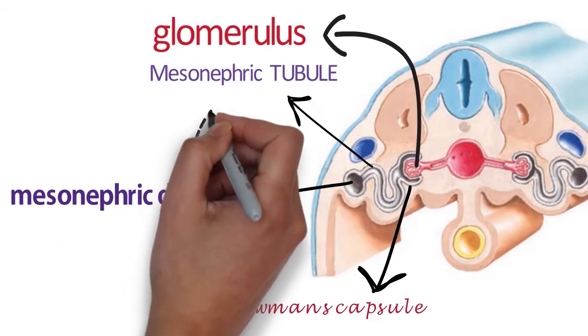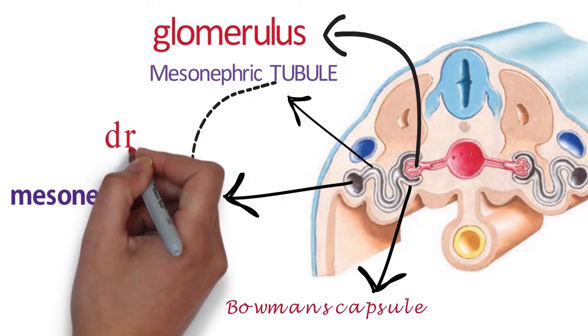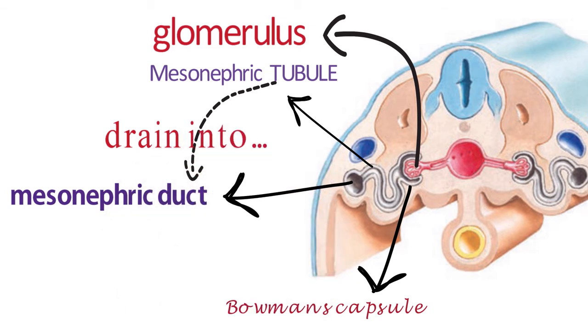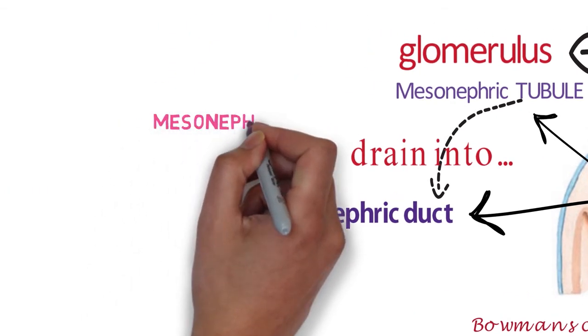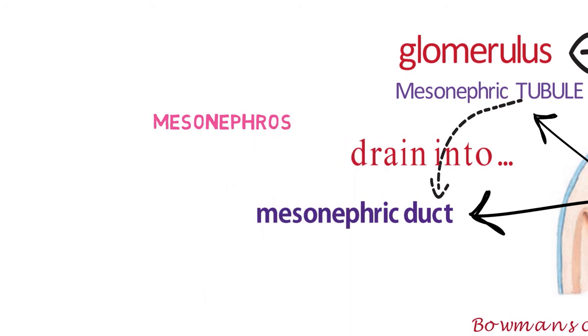The mesonephric tubule drains into the mesonephric duct. All these structures, mesonephric tubule, mesonephric duct, glomerulus and Bowman capsule, together form a mesonephros, which functions as an interim kidney from about the 4th week to the 9th week, approximately.